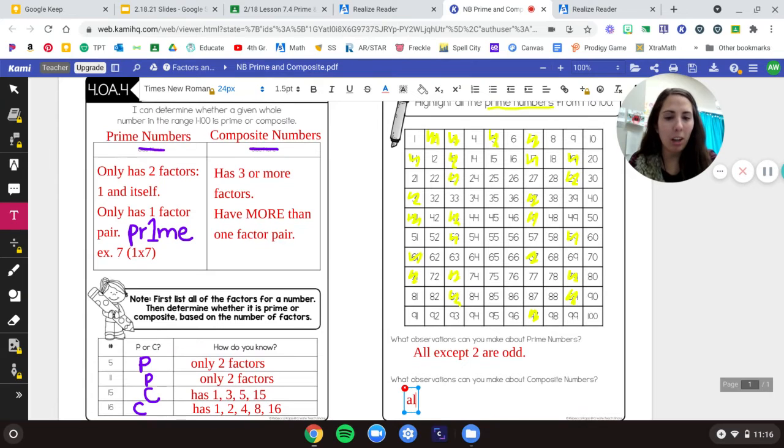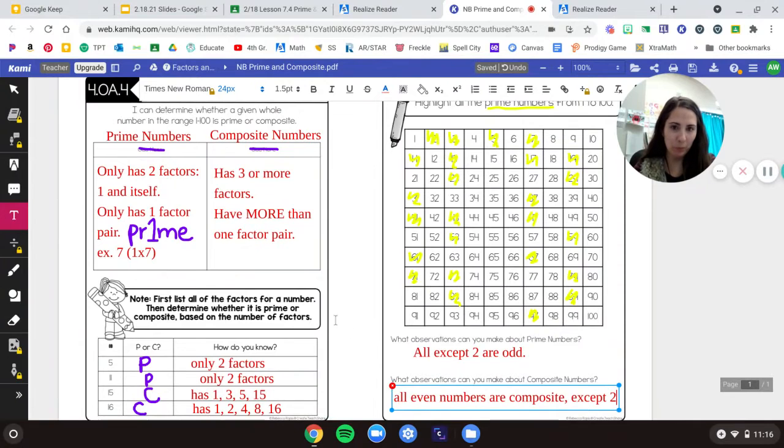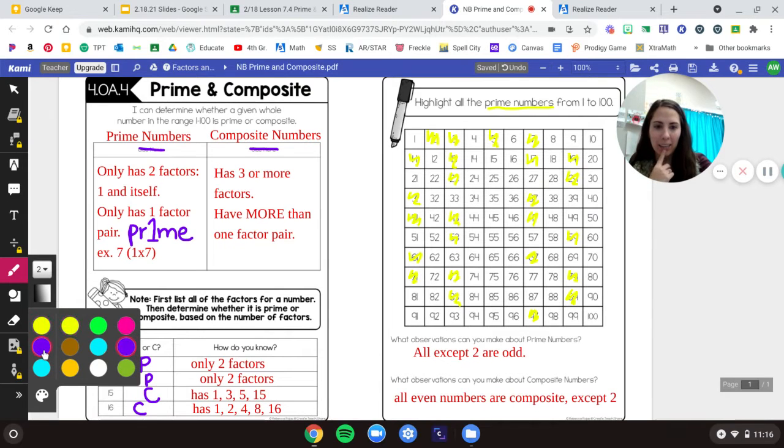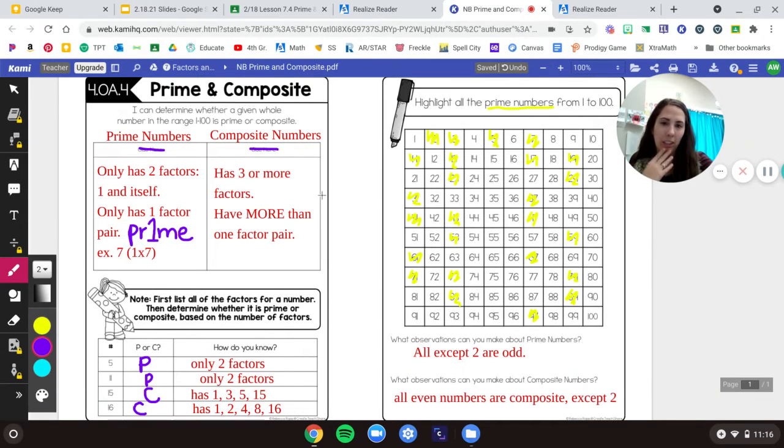Well, this time all even numbers are composite except 2. And 1. Did you notice that we didn't highlight 1 at all? But is that composite? Does it have 3 factors? It only has 1. So let's circle number 1.